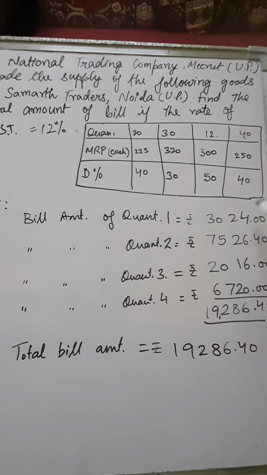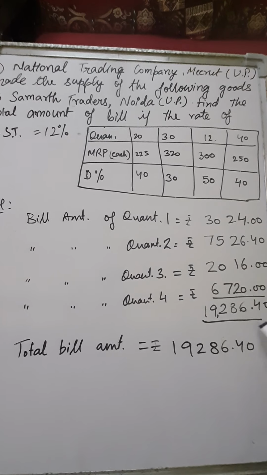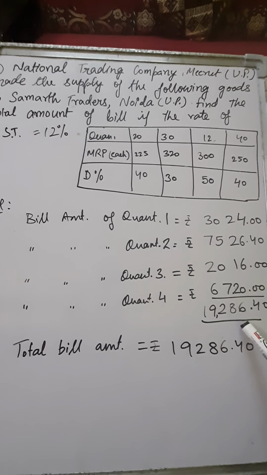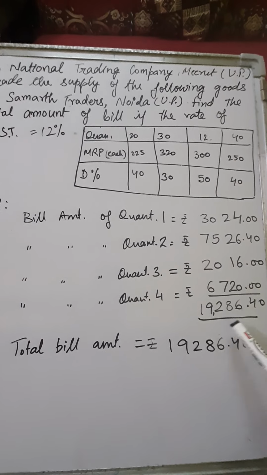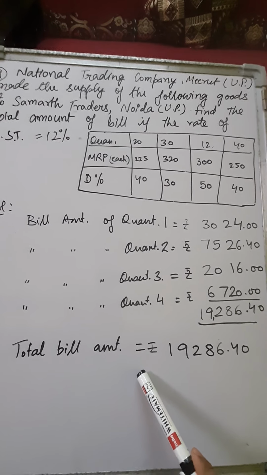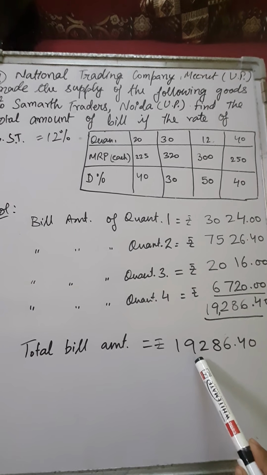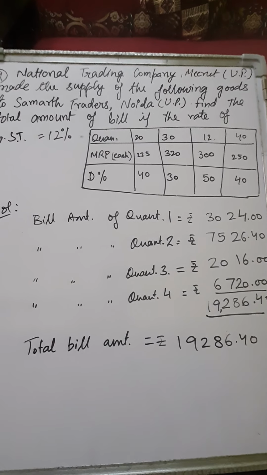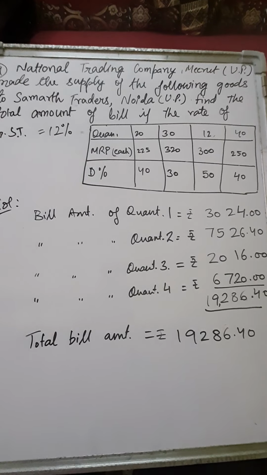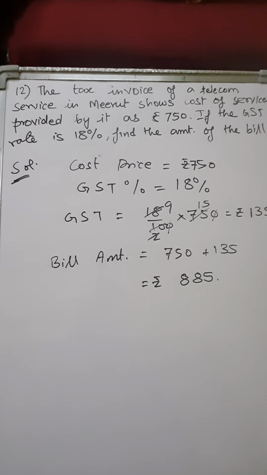So when we add the bill amount of every quantity together, we'll get the total bill amount, that will be 19,286.40. So the total bill amount that Samarth Trader has to pay to National Trading Company will be 19,286.40 rupees. Right, children? Understood? Note down, please.